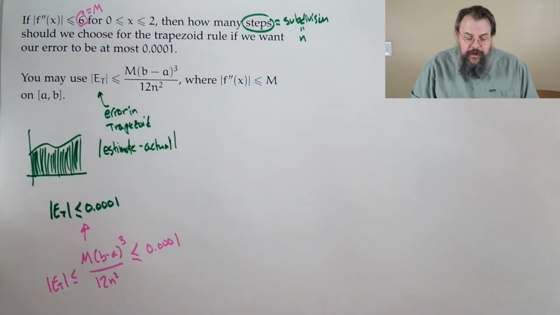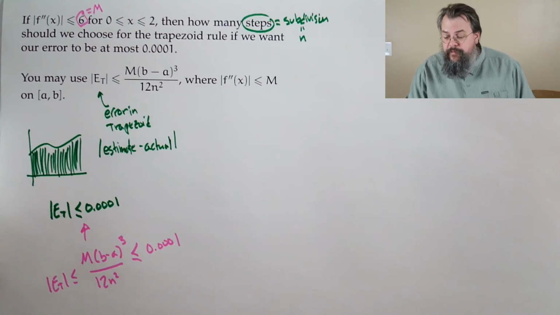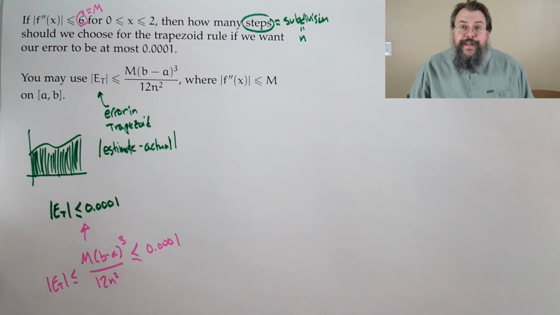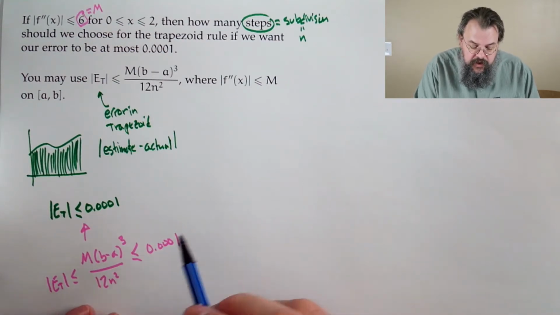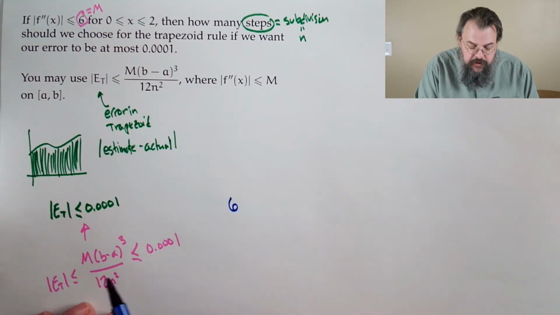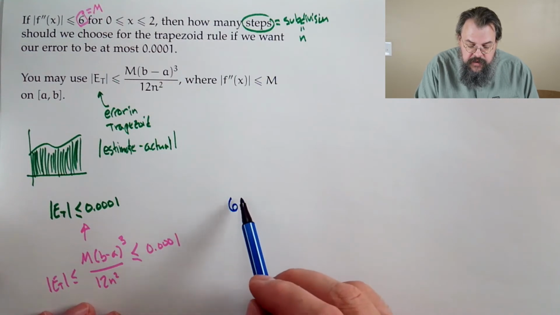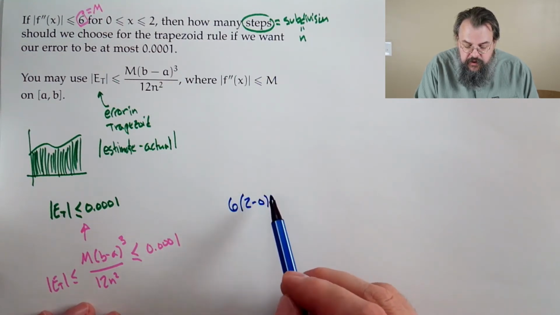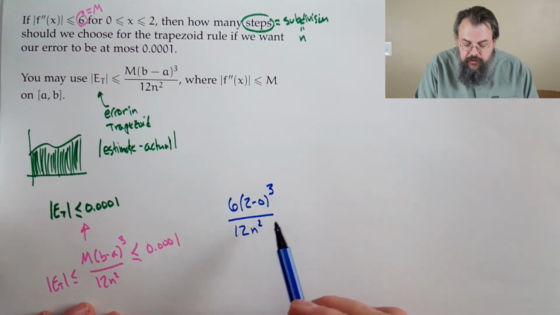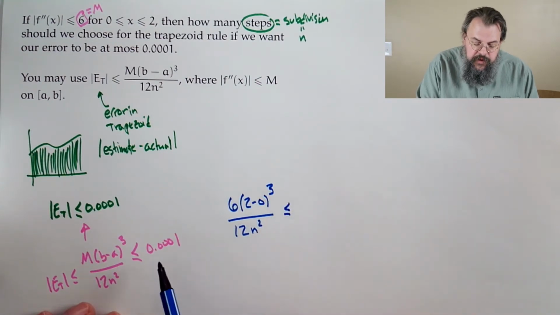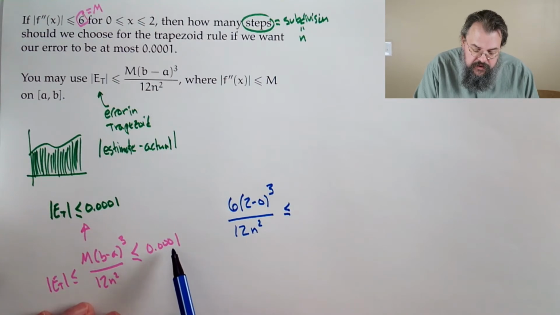We say, okay, we have all our pieces in place. So what do we need? We need to have the following. 6, which is our M, times (2 minus 0) cubed divided by 12n squared has to be less than or equal to 0.00001.